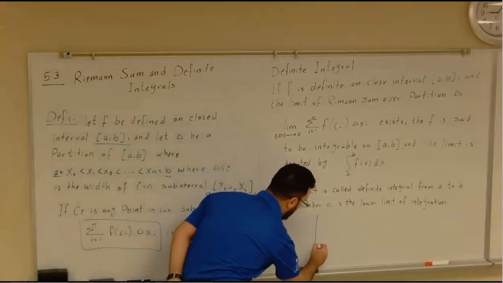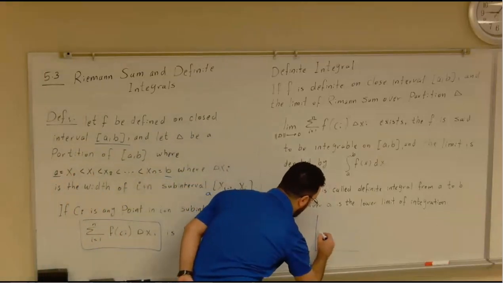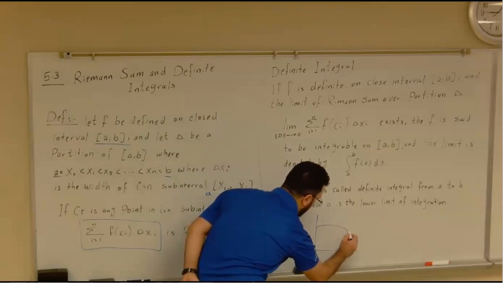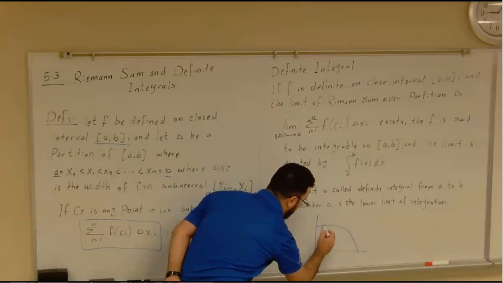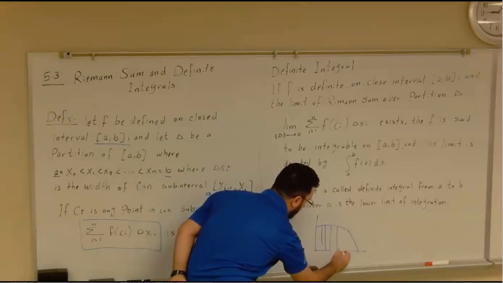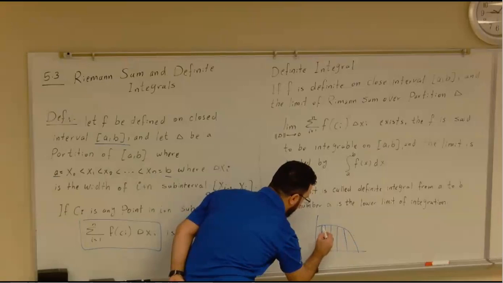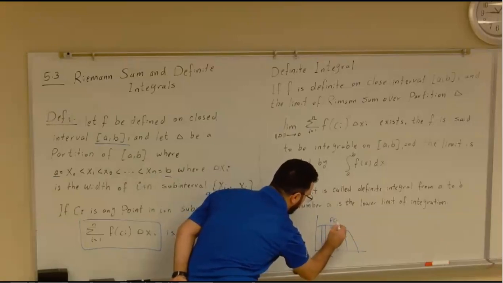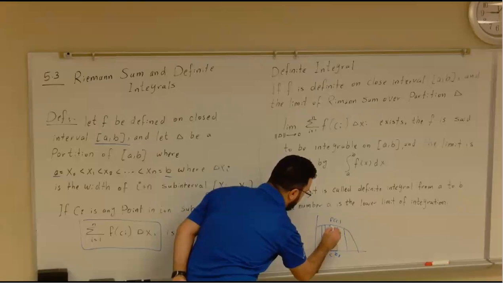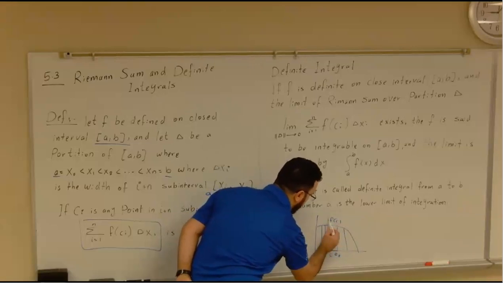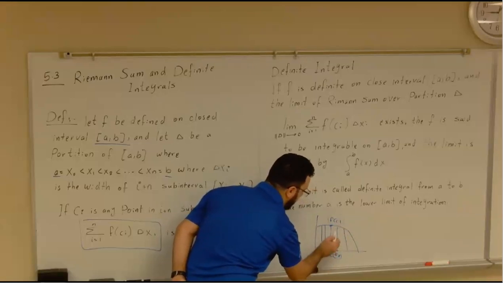We did find the area between the curve and the x-axis. So we're going to divide the area into sub-intervals, and here are the rectangles. The length for each, here is the point C, so this one is f of C. That means this is the width for this rectangle, and here is the length for this rectangle. I have length and width, so I can find the area for this one.